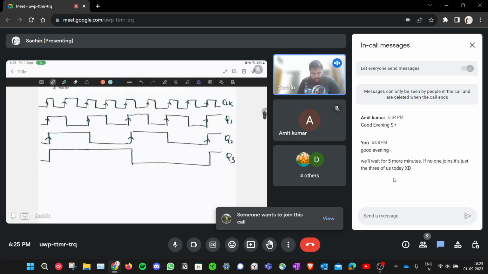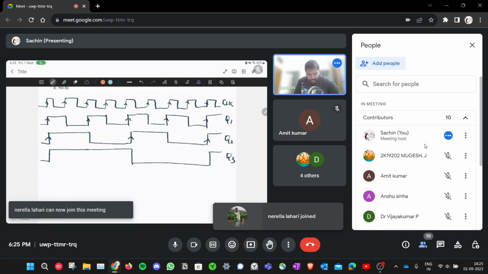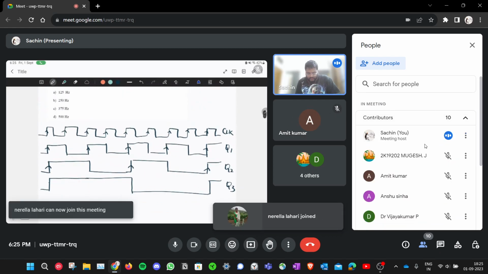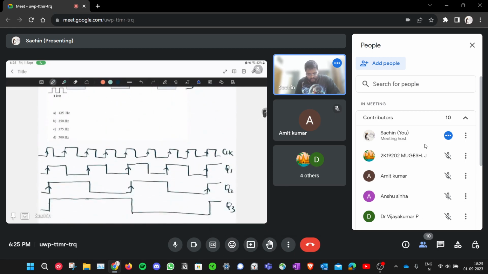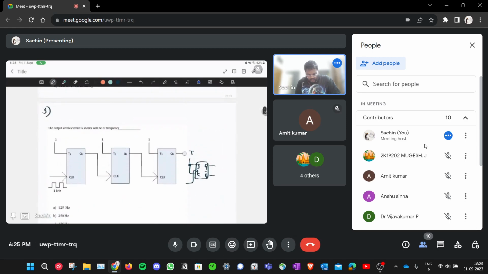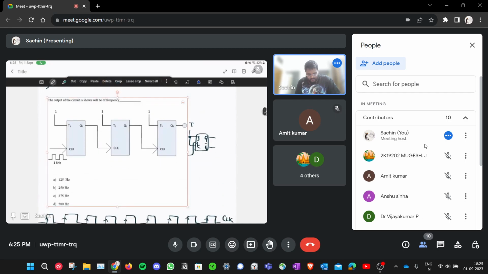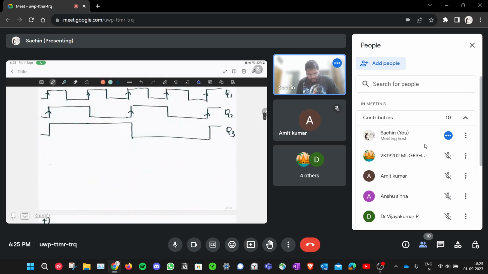If you add one more flip-flop, you could do the same thing. Q3 would be the clock pulse for the fourth flip-flop. So now you can see at each stage the frequency is getting divided by 2 and the time period is getting multiplied by 2. You start out with the 1 kilohertz clock pulse as given, that's 1000 hertz.